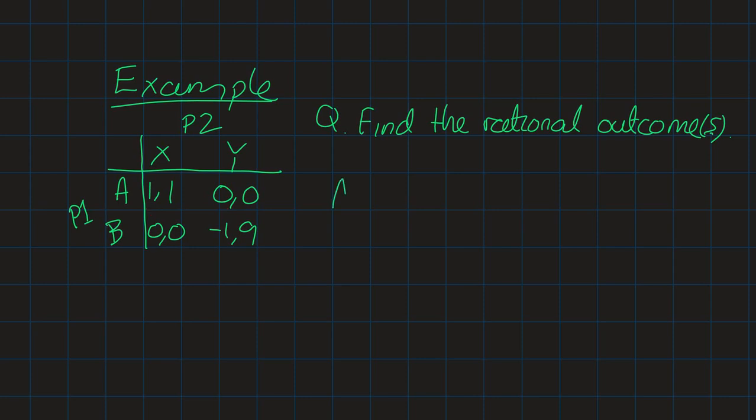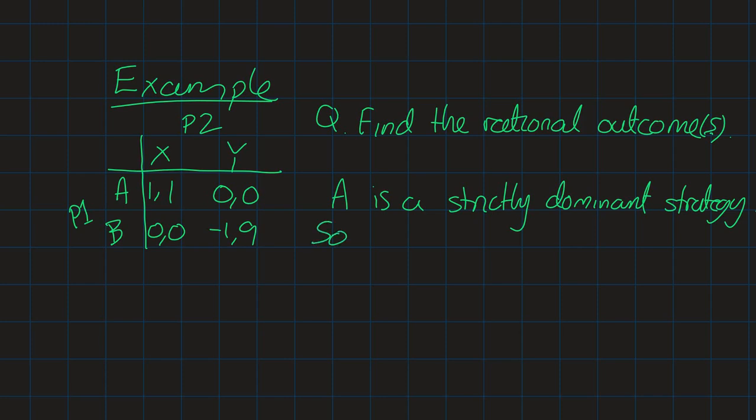So this means that A is a strictly dominant strategy, and player 1 is going to play A. Now let's examine player 2's strategies.